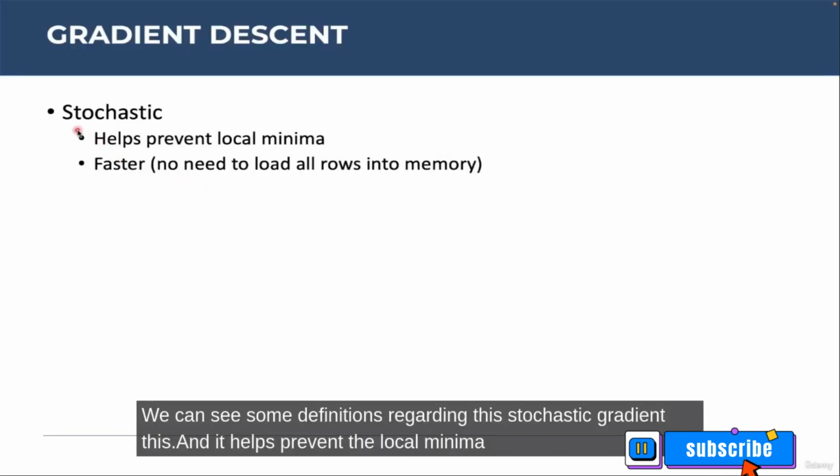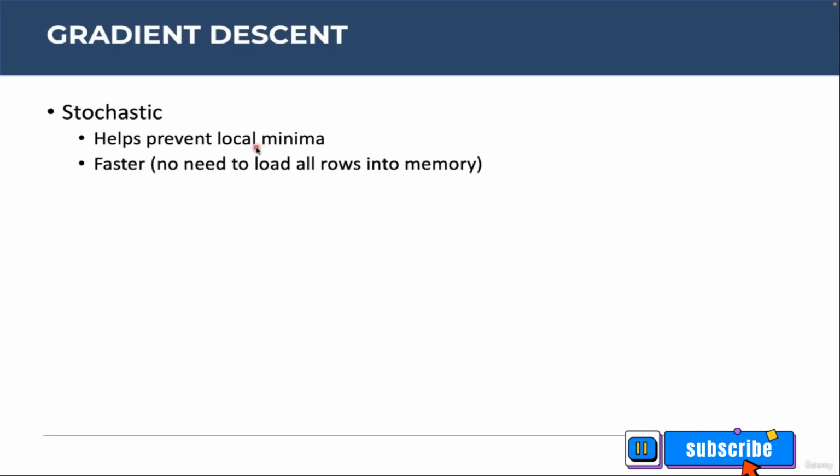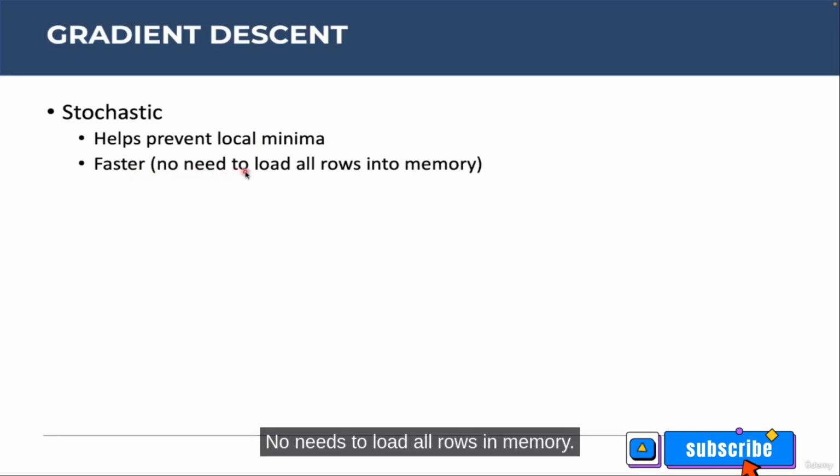We can see some more definitions regarding the stochastic gradient descent. It helps prevent finding a local minimum instead of the global minimum, and it is faster. No need to load all rows into memory.